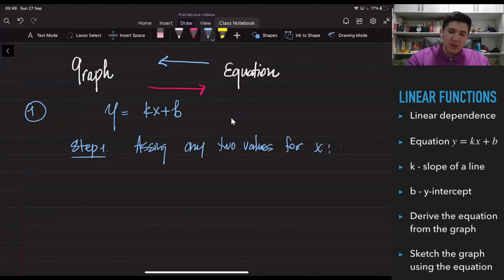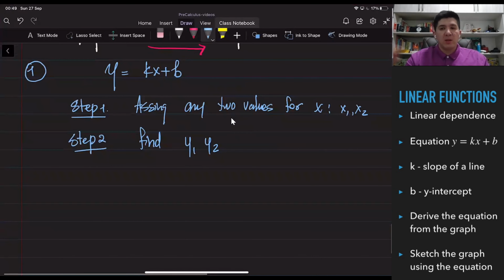Basically, they are going to be x1 and x2. You can choose them as anything, for example 0 and -1, or -1 and -2, it doesn't matter. Step number 2, substitute x1 and x2 into the equation and find y1 and y2.